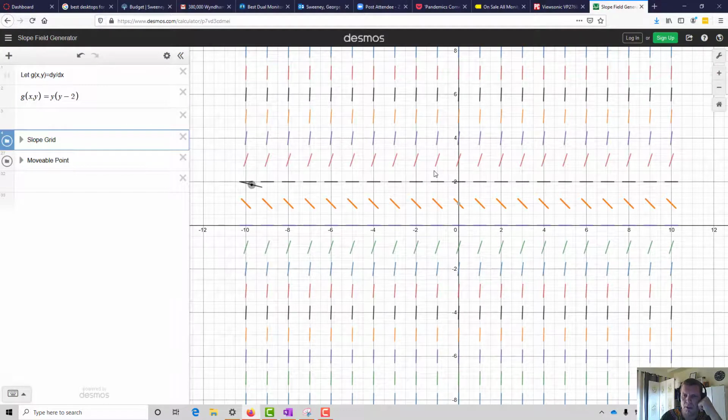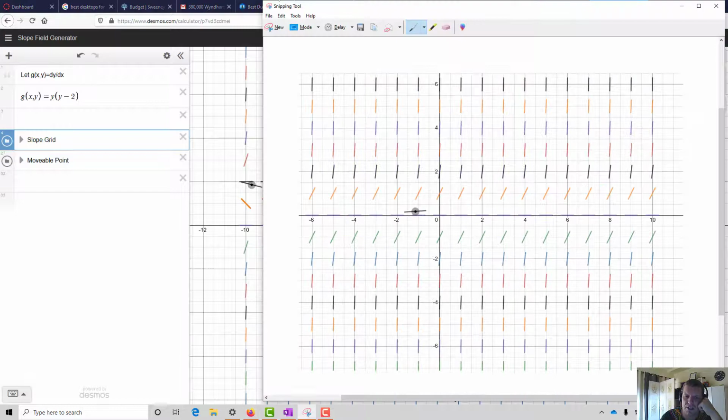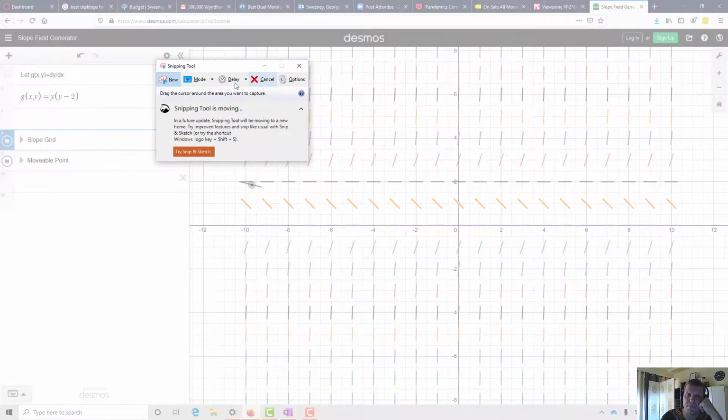Above 2, we're going to have our slopes increasing at a very high rate. It's going to look almost exponential. And below y equals 0, we're going to have them increasing, but asymptotically towards y equals 0. So let's take a look at what this looks like and draw some solution curves in.